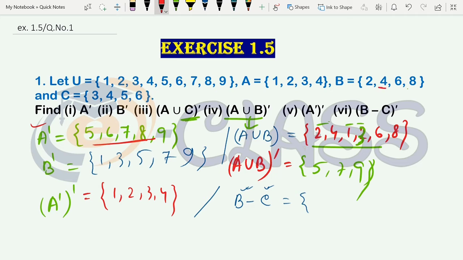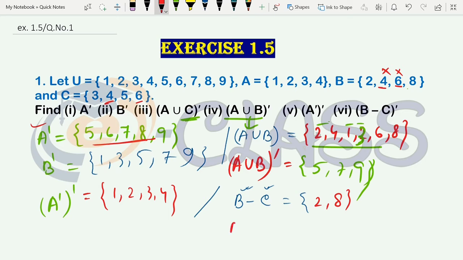Yes, 4 and 6. So just ignore them and write the remaining elements of B. So you get B minus C. If you want to know more about how to calculate B minus C, just watch my previous videos. Now this is B minus C.